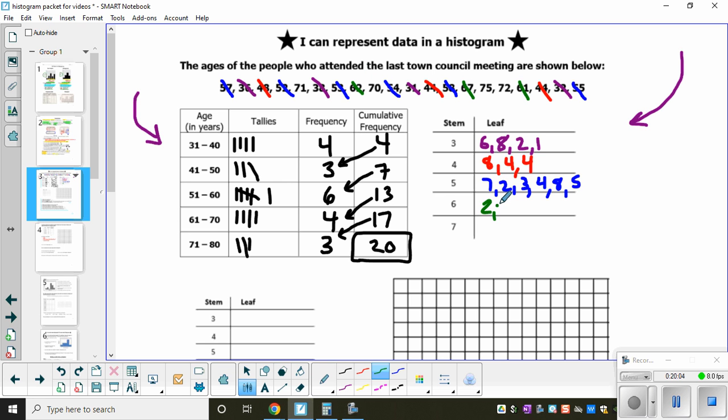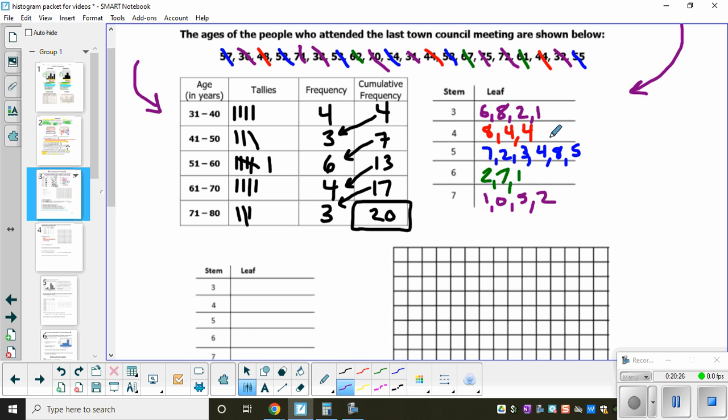A 2, a 7, and a 1. And last but not least, looking for the 70s, we got a 71 and a 70. So a 71 and a 70. And then a 75 and a 72. 75 and a 70, whoop, and a 72. All right.